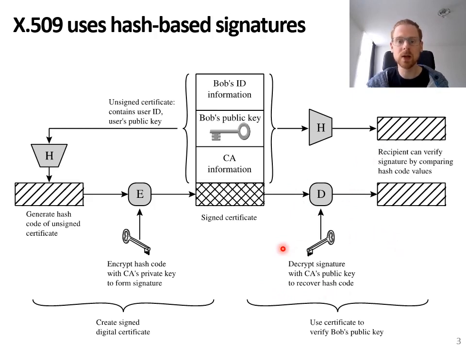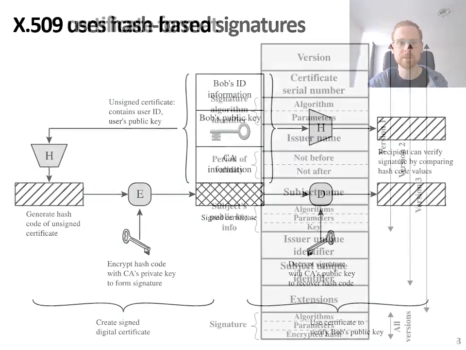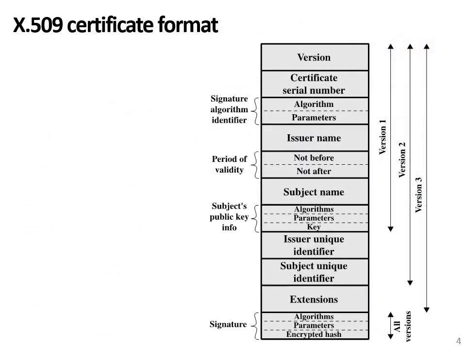No one can then alter the information in the certificate without having access to the private key of the certification authority. So, as long as that private key is secure, we are sure that the certificate has not been tampered with. And here you can see all the information that is embedded into an X.509 certificate. The first field is the version.